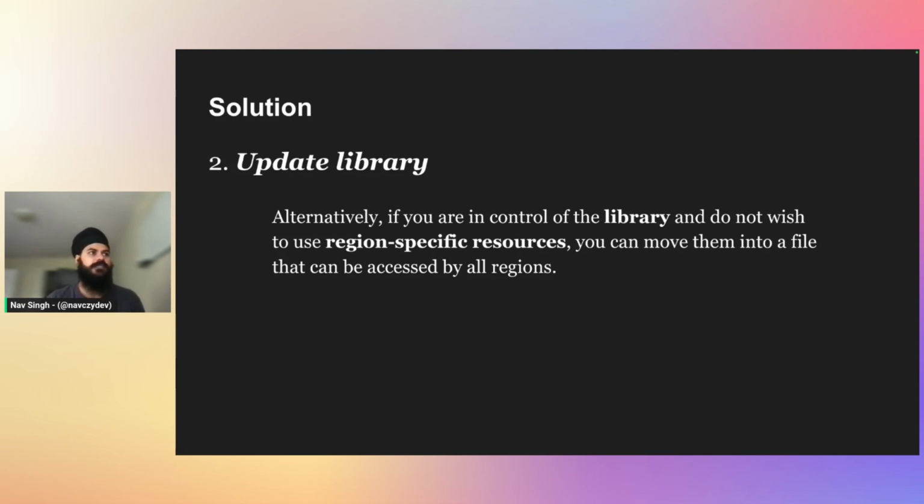So if you have access to the library and you know that you are only supporting particular languages in your application, then the solution is to move your fr-rCA resources to the default one, which is without any region, just normal French resources, and then build that new version of your library, make it available for your client applications, and then you can go from there.